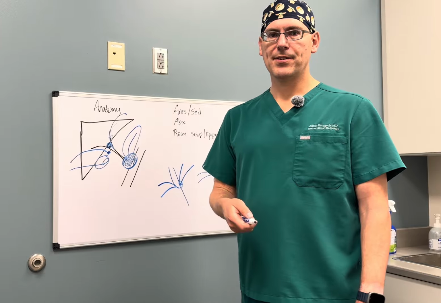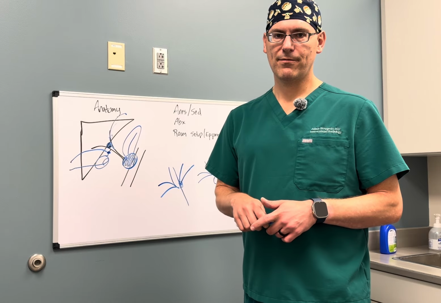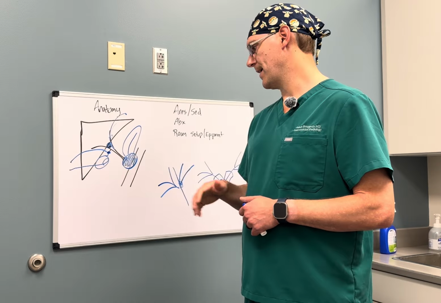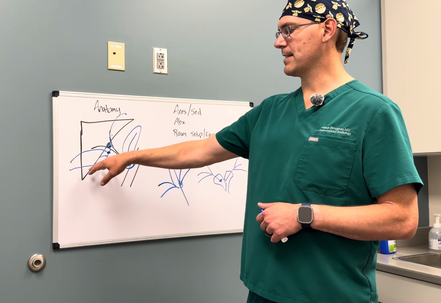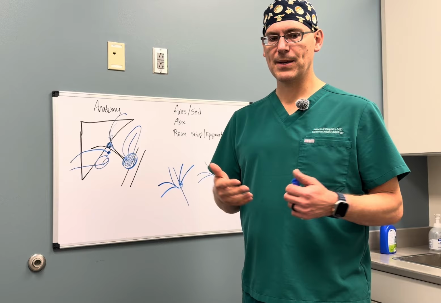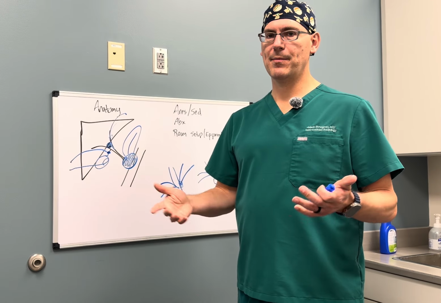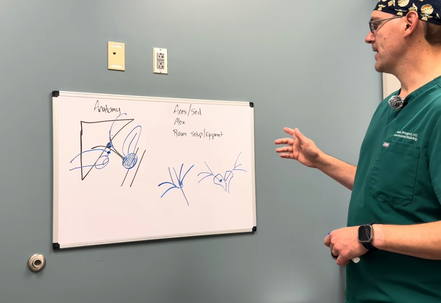That is a light sedation case all the time, and it usually takes about 5 to 7 minutes with some local and a little light sedation. And so that's a separate procedure. The only thing really to know is that these cholecystostomy tubes have to stay in place for about 6 weeks before we pull them out, because they can leak bile out into the abdomen if we don't. So a couple different moving parts.